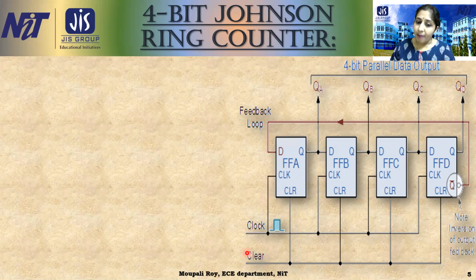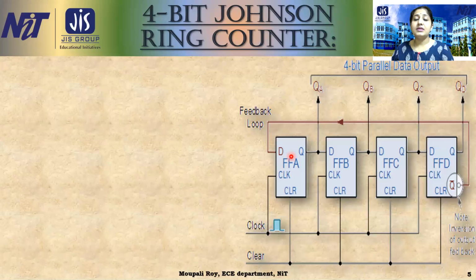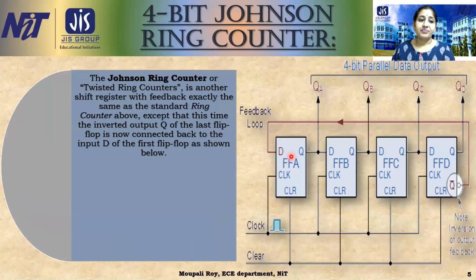The other circuits are the same, only this one differs. So that is named the Johnson ring counter, or the twisted ring counter. It has a twist: we are not using QD, we are replacing QD with QD bar.